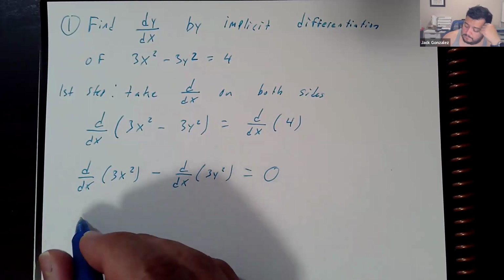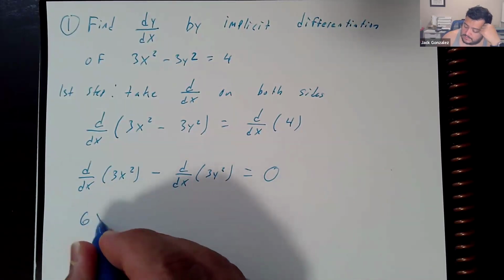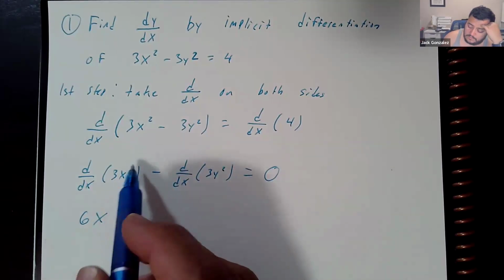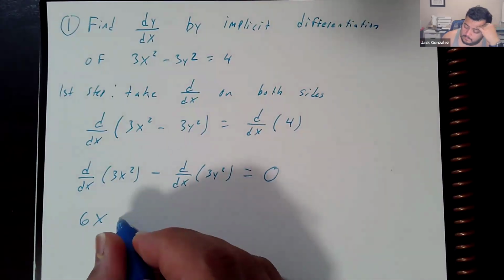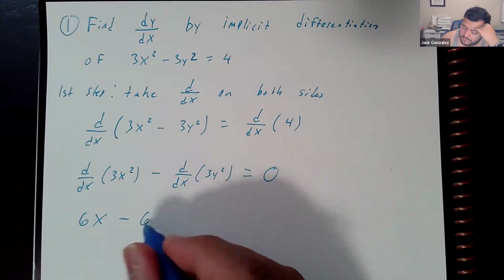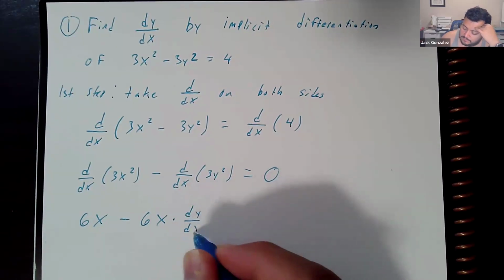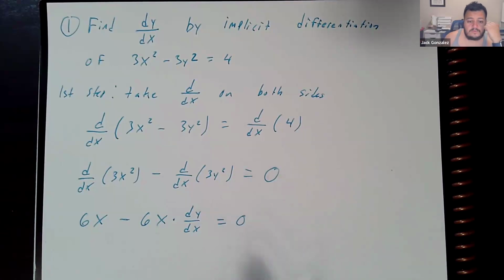So this will become 6x, right? Bring down the 2. This guy will become 6y as well, but times dy dx. So the derivative part is done.